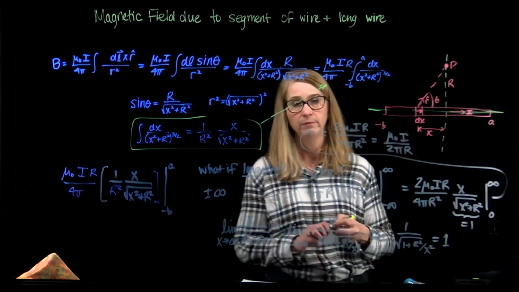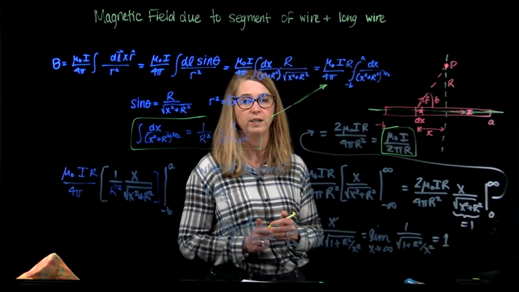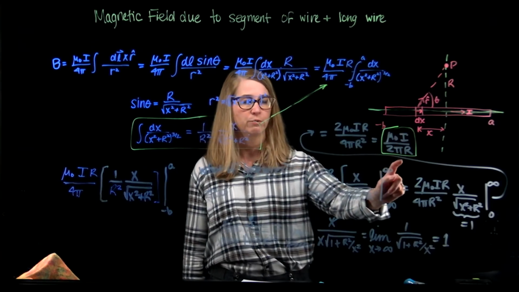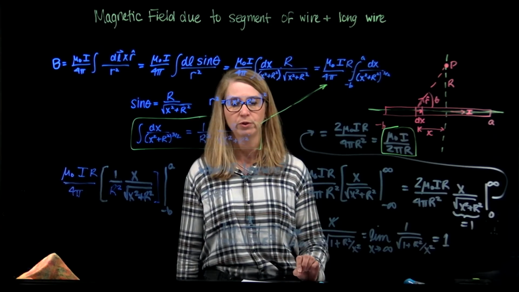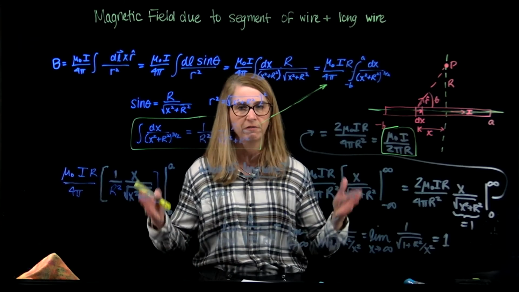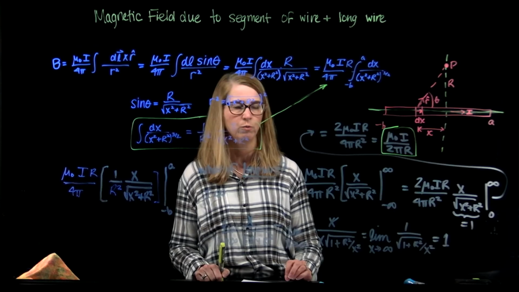I apologize that I had to go down crazy paths around this board, but this is a result that's going to be really useful to us. We could use this result in some cases where I have a finite segment of wire, though to be honest, we don't have that too much.